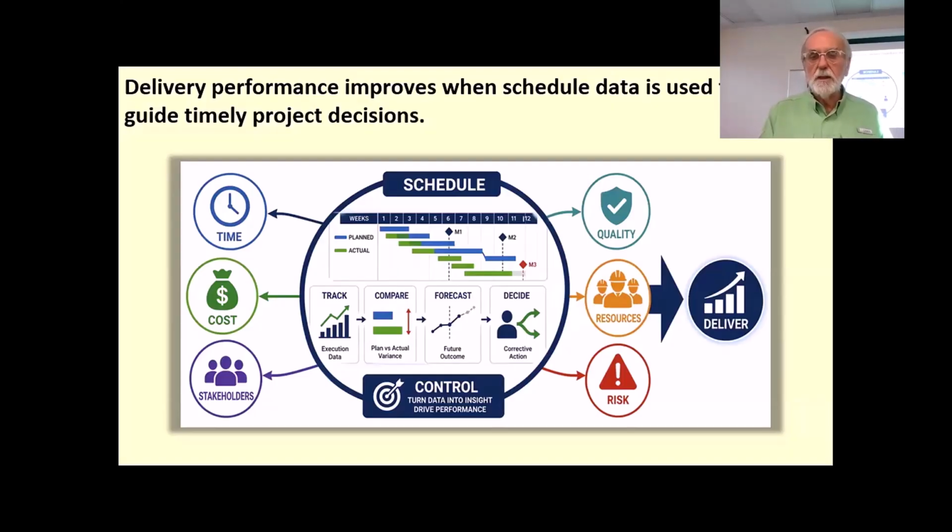It's one of the main ways that project managers understand and influence delivery performance. When schedule information is interpreted well and supports better decisions about resources, risk, communication, scope, stakeholder expectations, and corrective action, in that sense, schedule management connects execution data to the broader objective of delivering results, right?